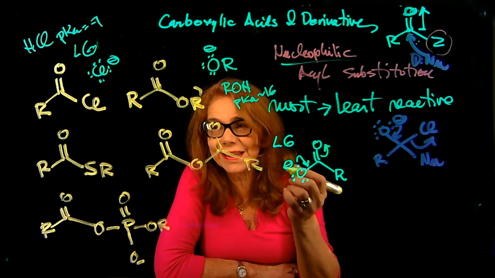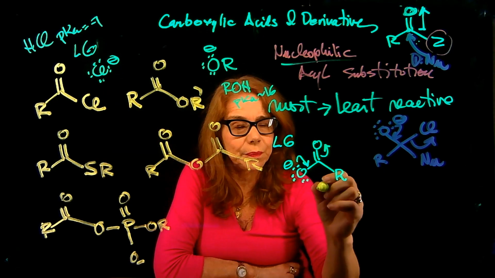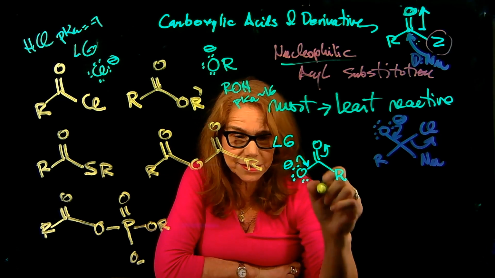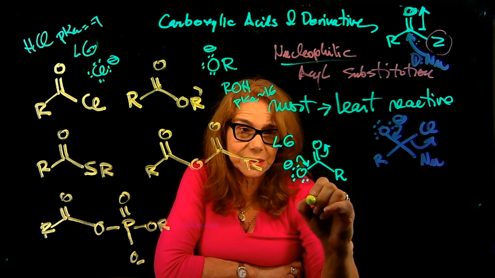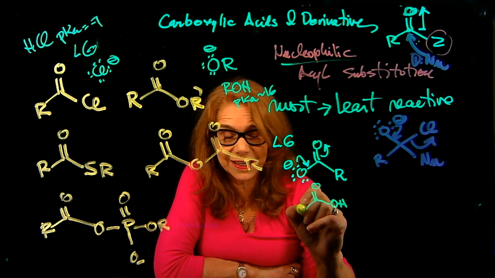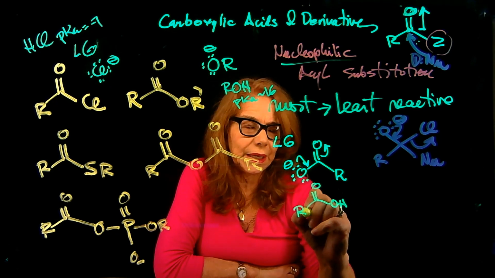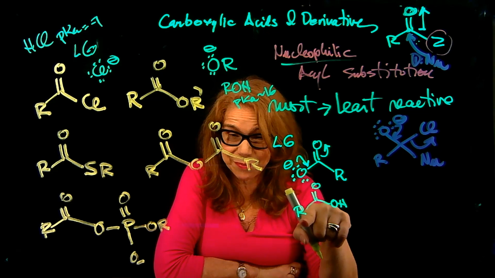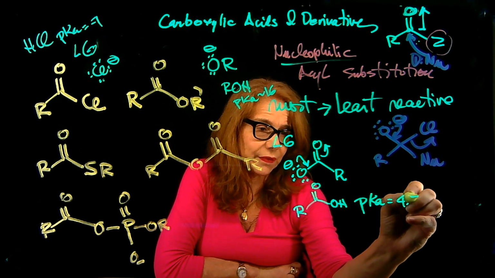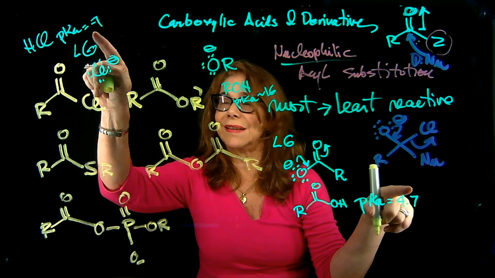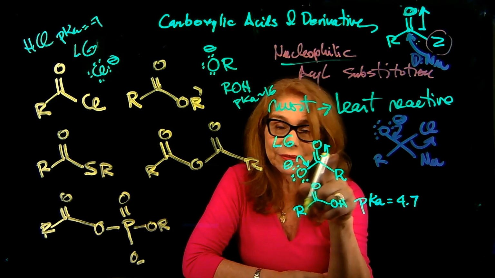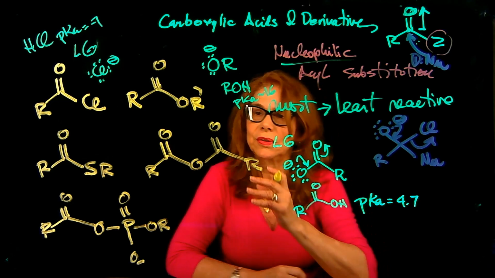The carboxylate is not as good as the chloride because carboxylates are the conjugate bases of carboxylic acids. Acetic acid, for example, has a pKa of 4.7, so obviously a much weaker acid than hydrochloric acid. So that's a stronger base, but it is still resonance stabilized, which makes a good leaving group.